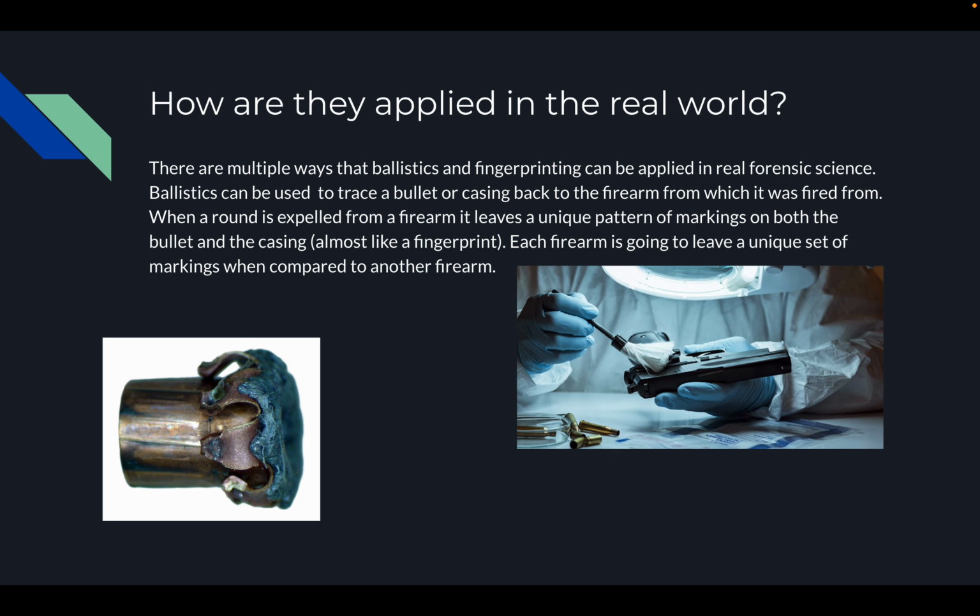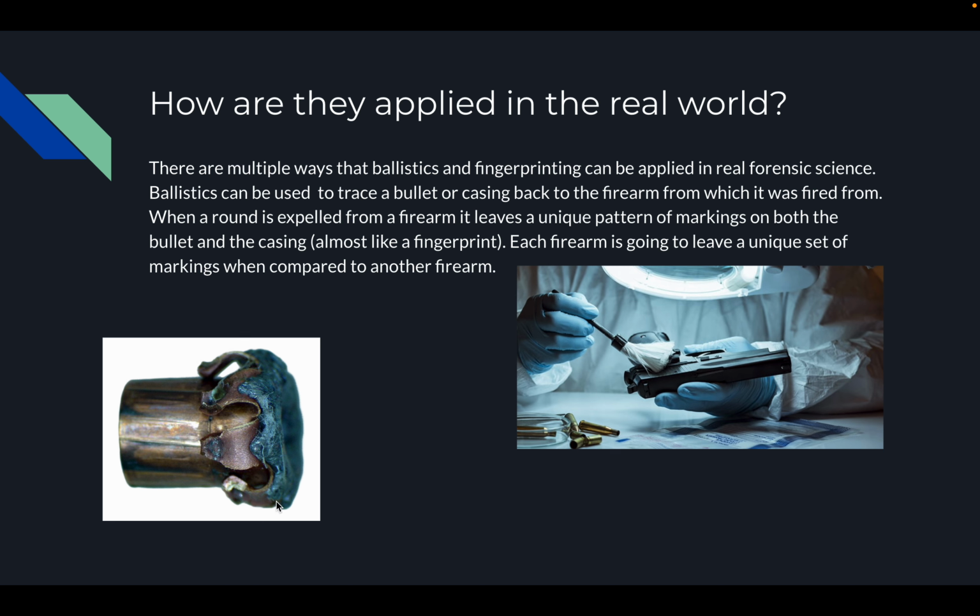Like we were talking about before, when a round is expelled from a firearm, it leaves a unique pattern of markings on both the bullet and the casing, kind of like a fingerprint, because the markings are going to be unique to each firearm. Each firearm is going to leave a unique set of these markings when compared to another firearm.